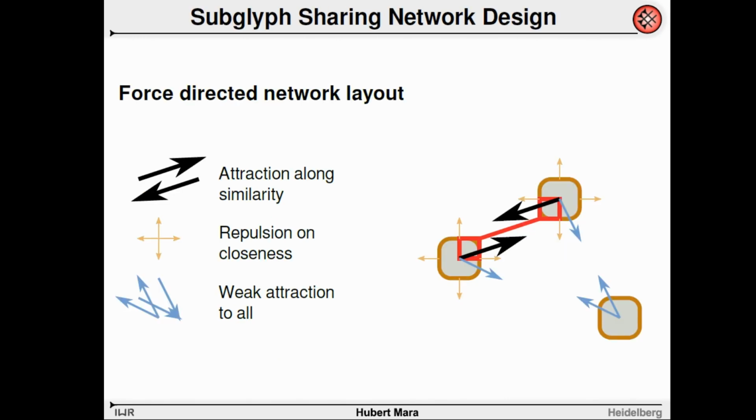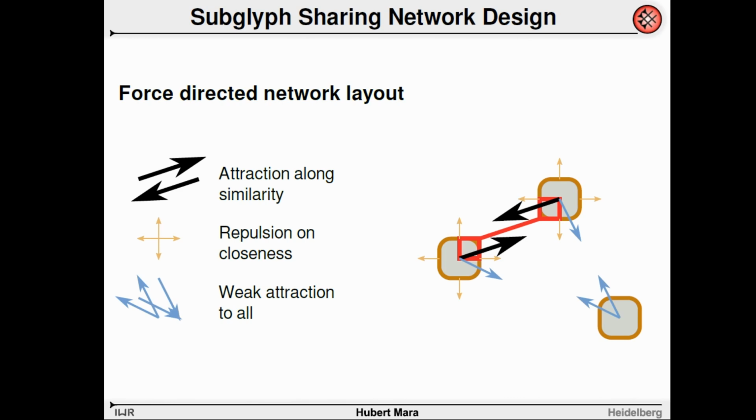Talking about tension, what's built up there is some sort of force field. We introduce several forces. One would be the attraction along similarity: if we have at least one connection, these two glyphs are forced together.